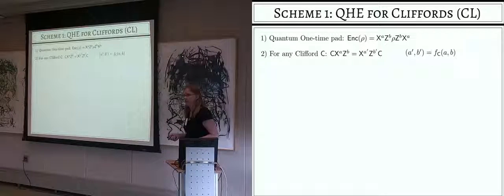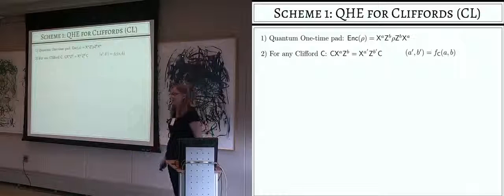And furthermore, this function will always be a linear function. So again, if C is an n-qubit Clifford, then A and B will be n-bit strings, and A prime and B prime will be some other n-bit strings. And there'll be a linear function of A and B that depends on C, the Clifford.